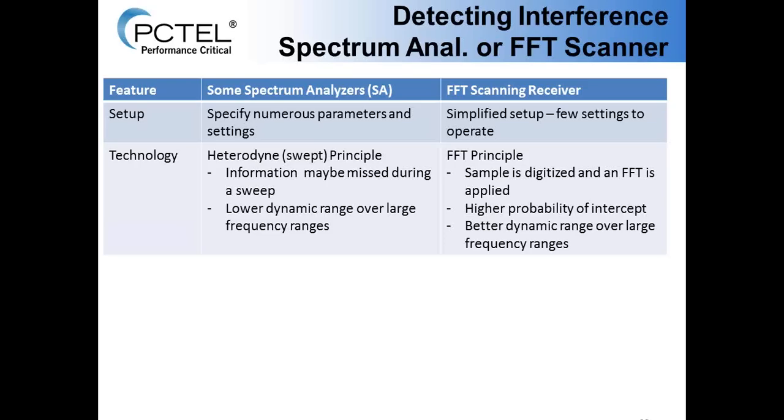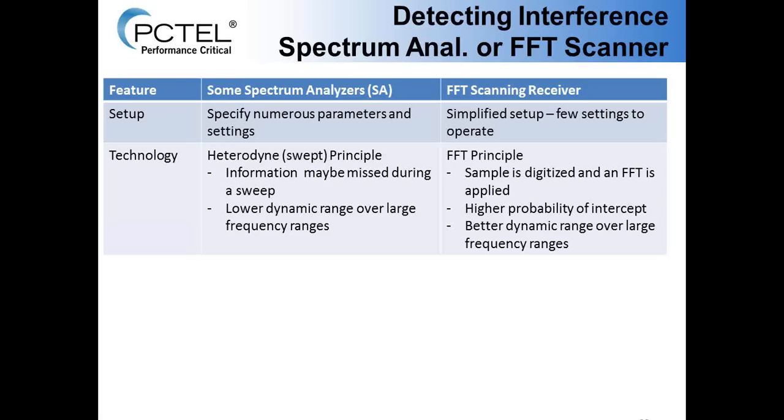With an FFT scanning receiver, the sample is digitized and then an FFT is applied. You have a much higher probability of intercept, and you would have better dynamic range over large frequency ranges than, let's say, a heterodyne-based spectrum analyzer.